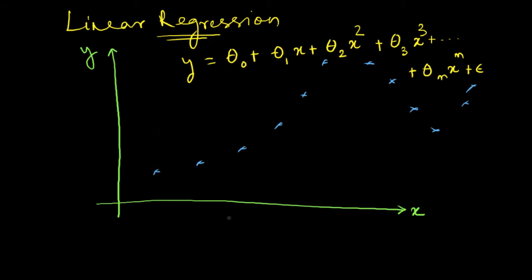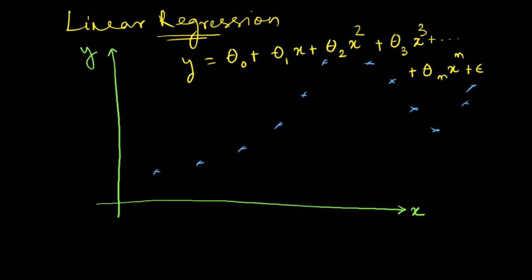So what you do is that instead of talking of just one variable x, you now talk of multiple variables, and that brings us to this domain of multiple linear regression.